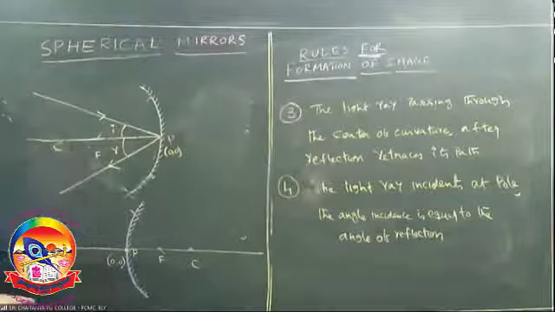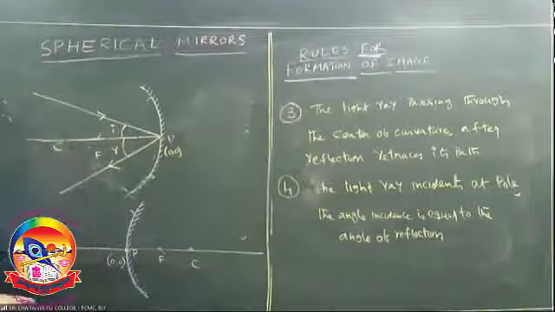Opposite to the direction of the light ray, distances measured are taken as negative. So PC is equal to 2 into PF. The light ray is falling like this, but we are measuring in the opposite direction. So in case of a concave mirror, PC is minus R, 2 into PF is minus F. Minus cancels. Therefore, R is equal to 2F.